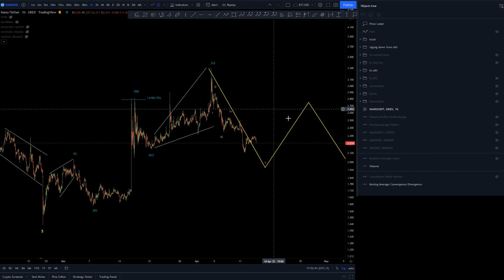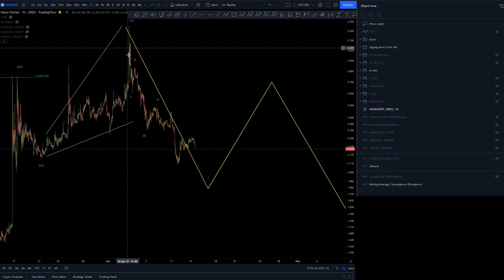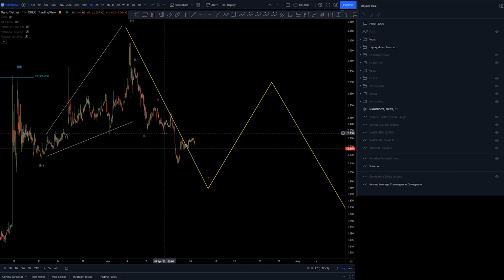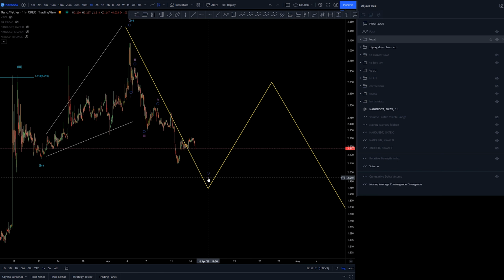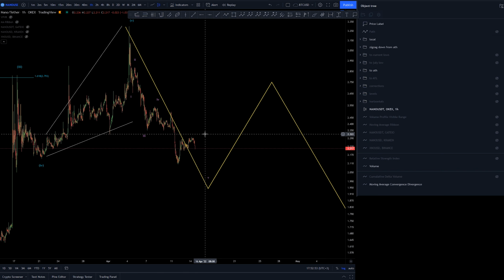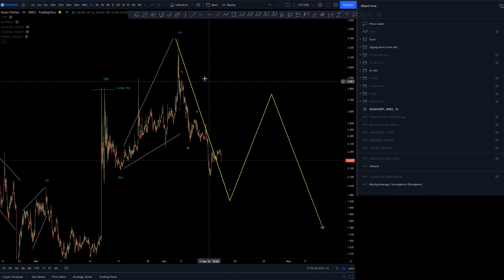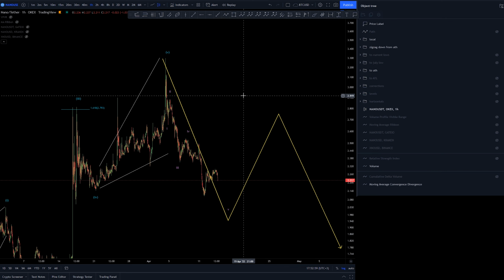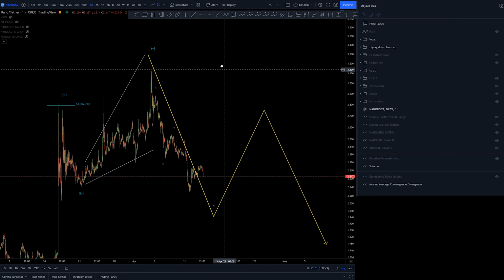So there's a few different options. We could be seeing this as 1, 2, 3, 4, and this fifth wave is going on right now, so 1, 2, 3, 4 and 5, creating the fifth wave down. It could also be seen as a 3-wave structure.